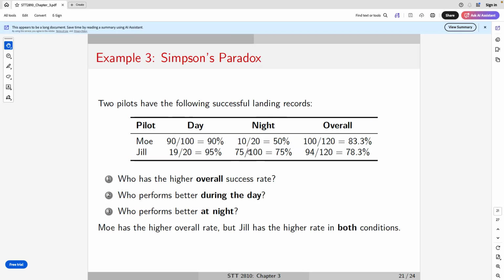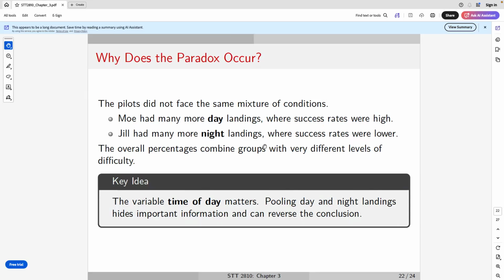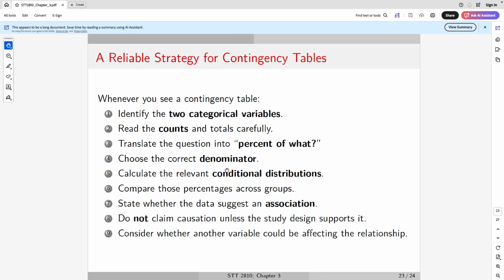And Jill had more night landings where the success rates were low. You see. So the overall percentages can sometimes contradict the within group percentages. So that is what Simpson's paradox means.